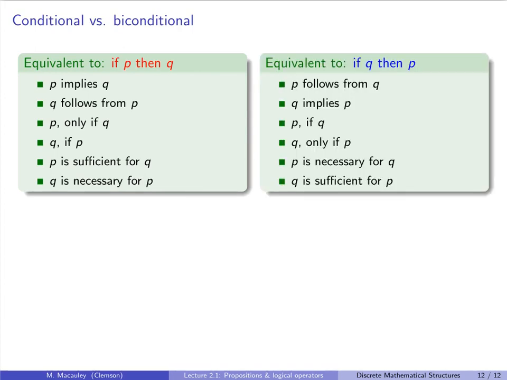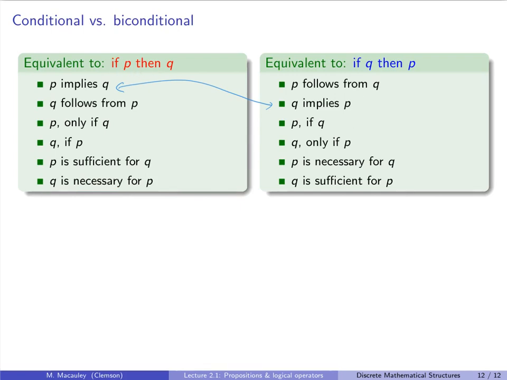And next, things that are equivalent to the converse, if Q, then P. So some of these really are the true converse. So P implies Q, the converse is Q implies P. And then for the other ones, you actually get them from just reversing the roles of P and Q. So I will call that the converse, even though the converse we defined for an if-then statement like this, not for a single statement like Q is necessary for P, even though this is equivalent to an if-then statement like this.